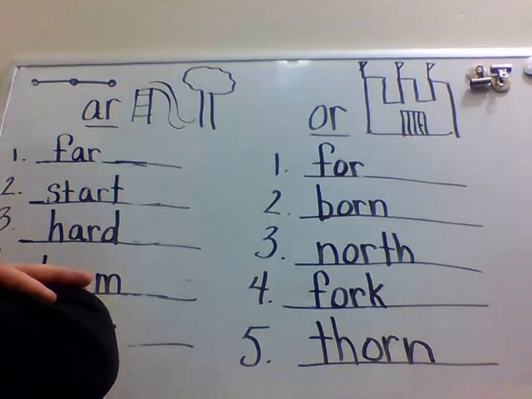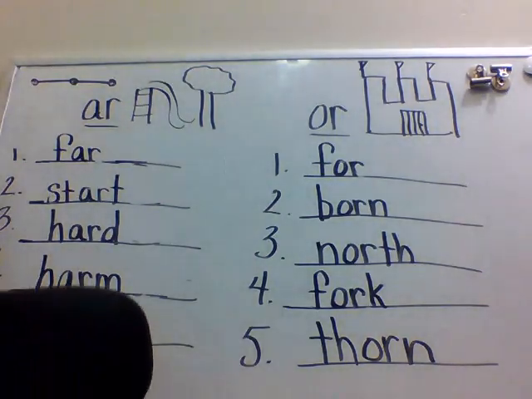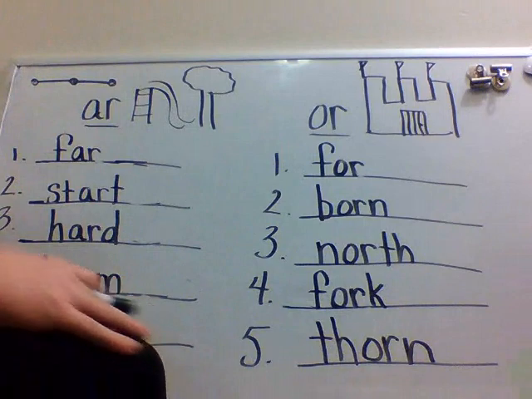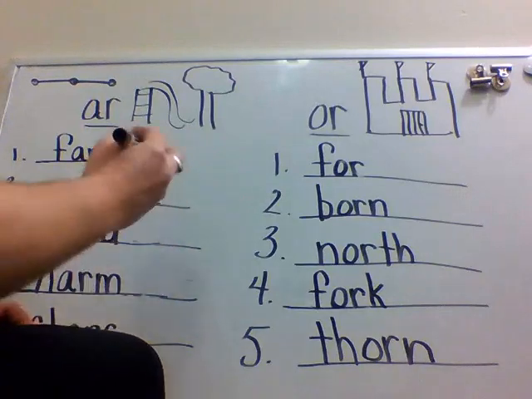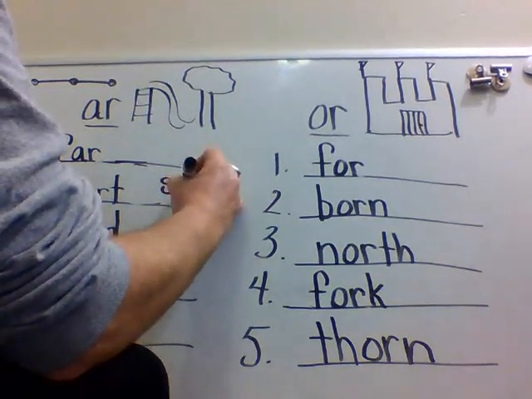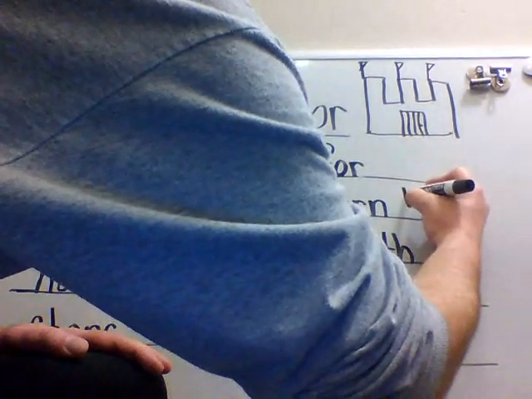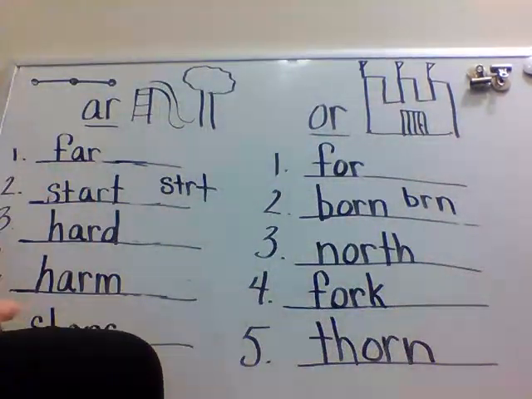Alrighty, let's go ahead and bring this to a close quickly, and let me show you why we have bossy R vowel sounds, okay? When we don't really hear the vowel, we just hear the sound of an R. Well, this is why we have them, okay? We would not spell, and you don't have to write this, I'm just showing you, start this way. You would not spell born this way, okay?